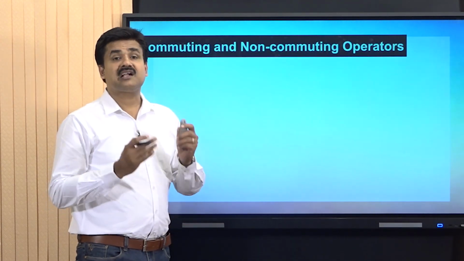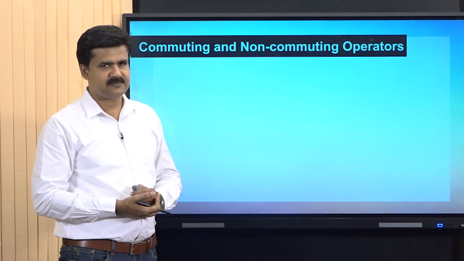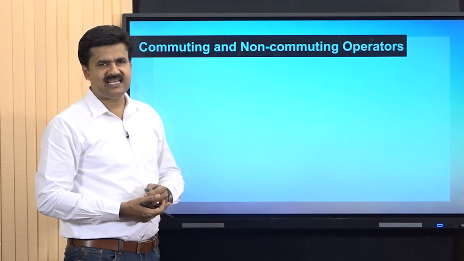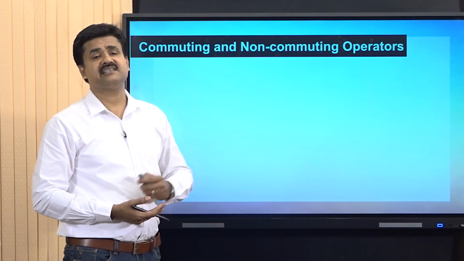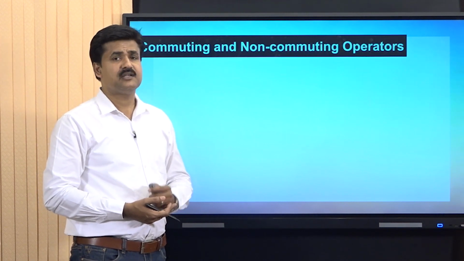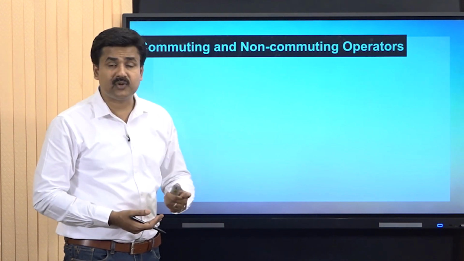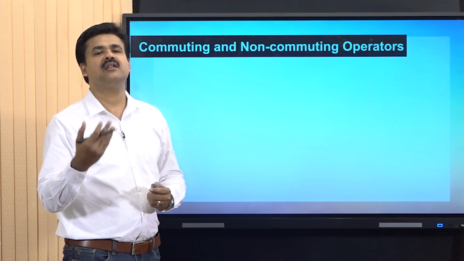Now, commuting and non-commuting operators. This is an important area in quantum mechanics as far as operators are concerned. We can classify two operators as commuting or non-commuting based on some mathematical features.